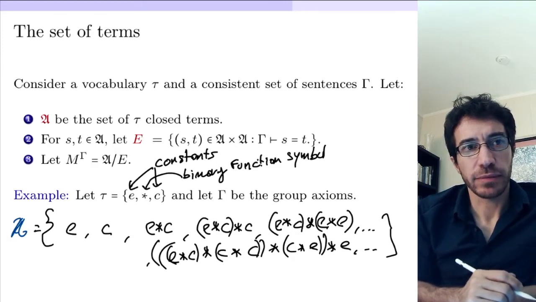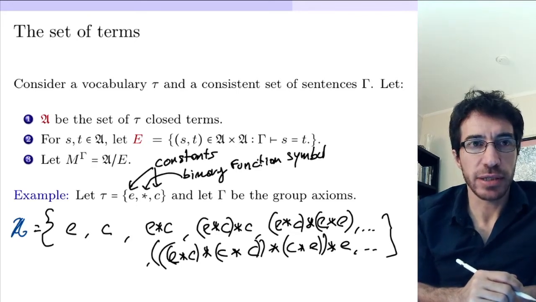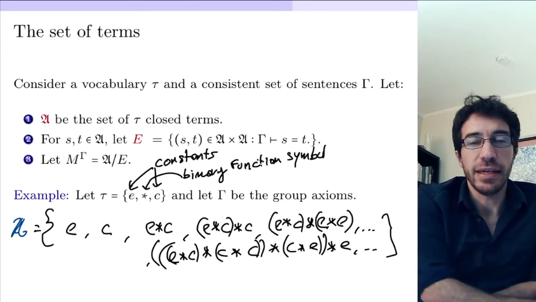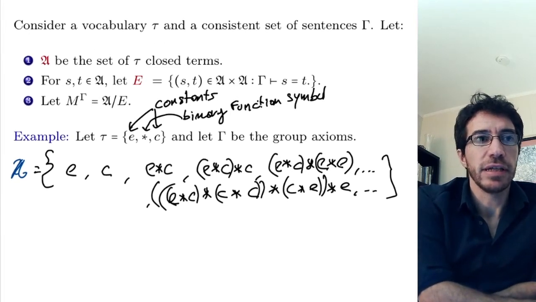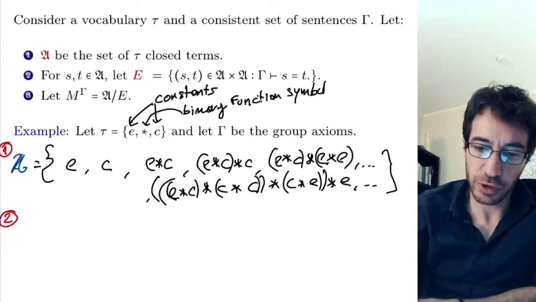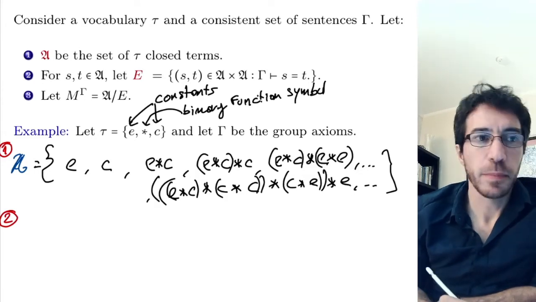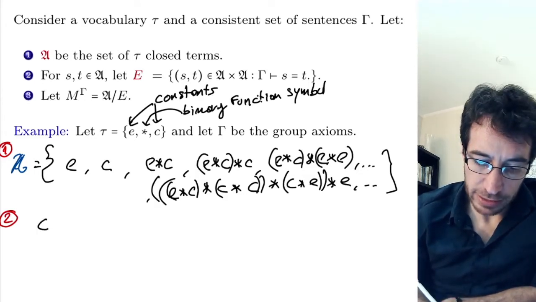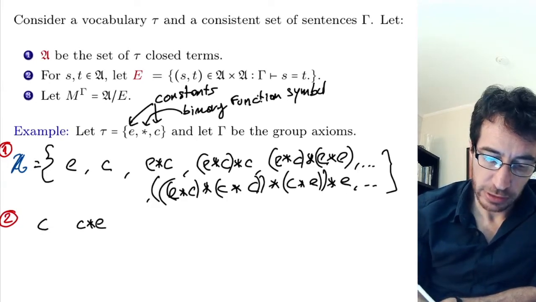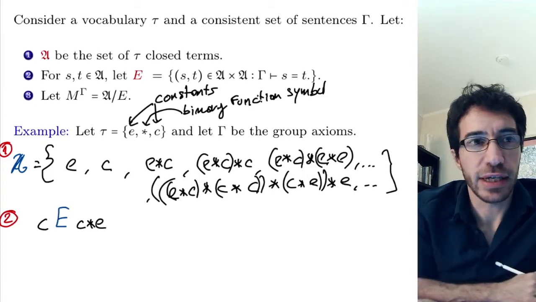And then we are considering this equivalence relation, which says that two things are E related if and only if gamma can prove they are equal. So let's start, for instance, with C and C star E. Do we have that these two are related via E?